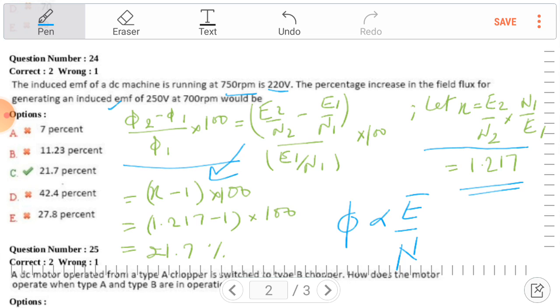E2 is 250, N2 is 700, E1 is 220 volt and N1 is 750 rpm. By putting these values, x is 1.217 and the percentage change in flux is 21.7%.